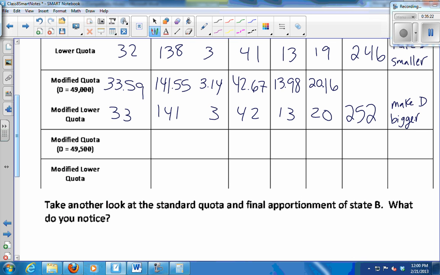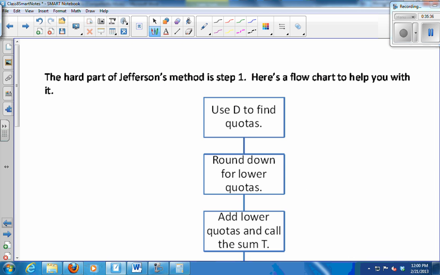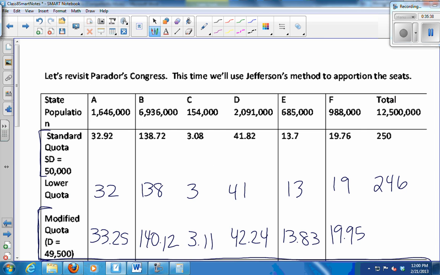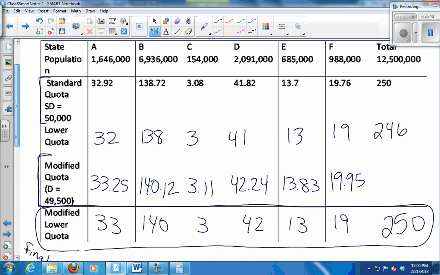Okay, and so that's how you narrow in on it. You make a first guess, and you get closer and closer. Okay, it's a trial and error process. So take another look at the final apportionment of state B. Go back here.